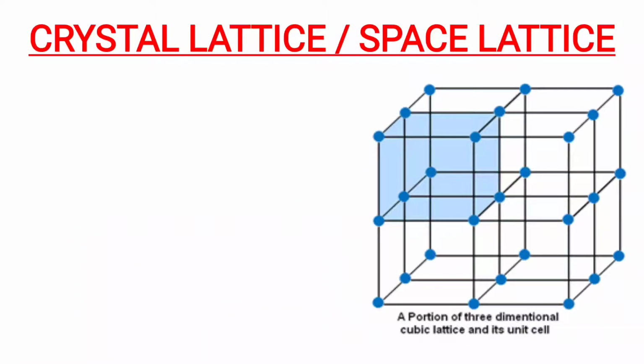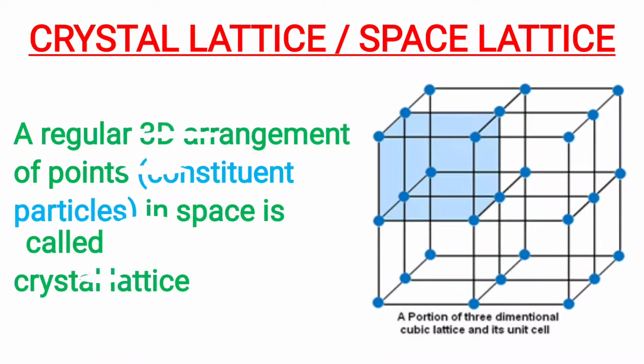With this, let's see the definition of crystal lattice. A crystal lattice is a regular three-dimensional arrangement of points in space. By points, we mean to say constituent particles. And every point in a crystal lattice is called a lattice point.